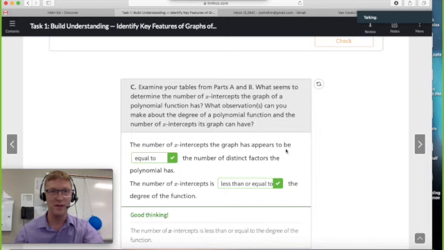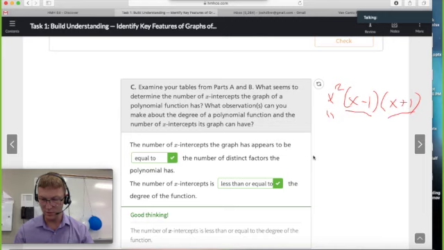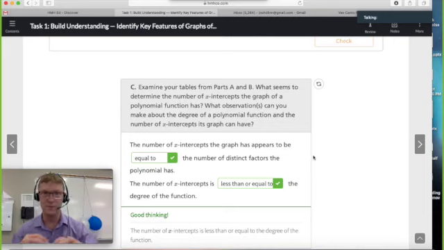The number of x-intercepts the graph has appears to equal the number of distinct factors a polynomial has. And that makes sense when you can set this equal to 0, this equal to 0, and this equal to 0. That just means there are going to be 3 x-intercepts.